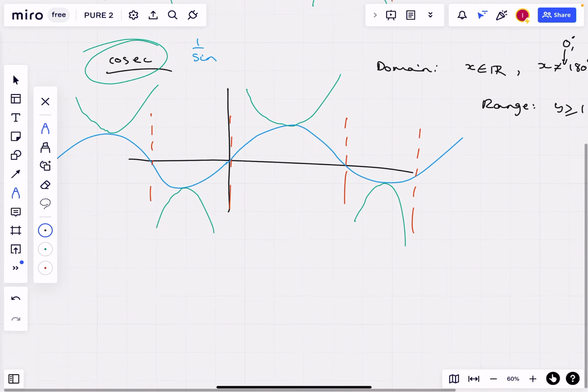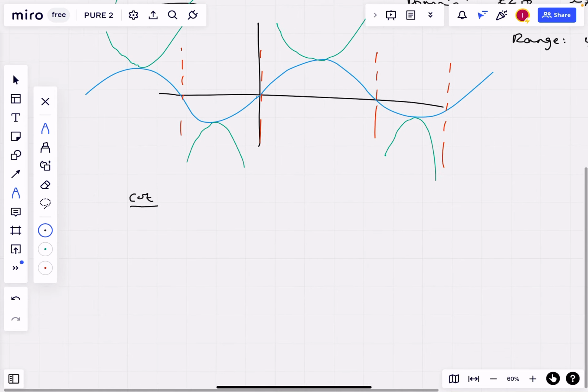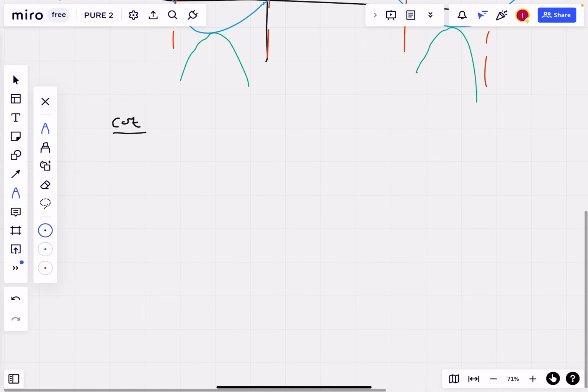Right, the last one, cot. For cot, there's no trick like that, at least not that I know of. The way I always remember it is it's the reverse of tan, what tan normally is like.